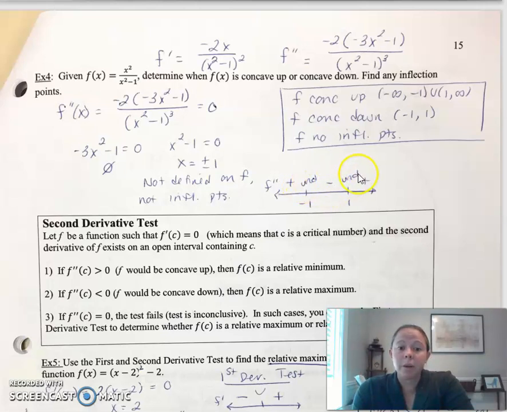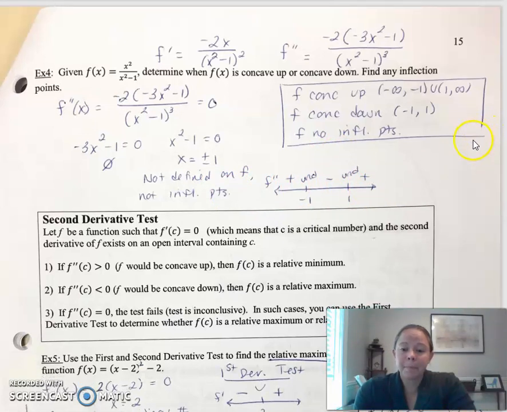Just write undefined above. And yes, you can still change concavity, but they're not inflection points. So I did the double derivative. Here's the first, here's the second, set it equal to 0. I didn't get anything out of the numerator, and all I got were the asymptotes from the denominator that aren't even defined. But I still put those asymptotes on the double derivative number line to test.